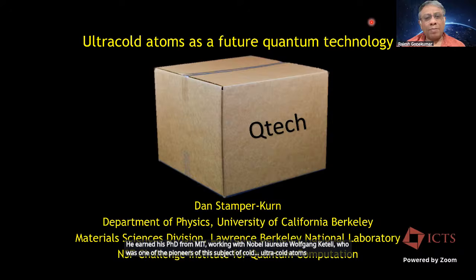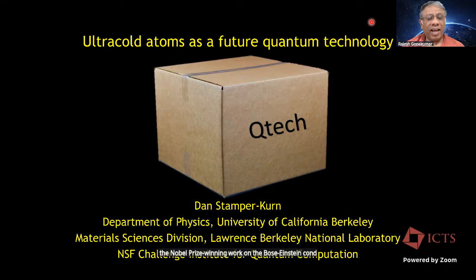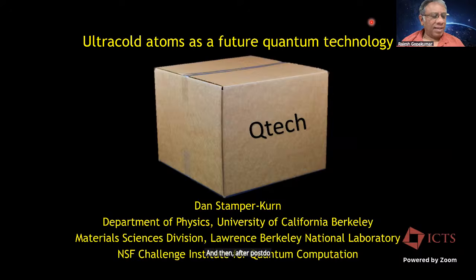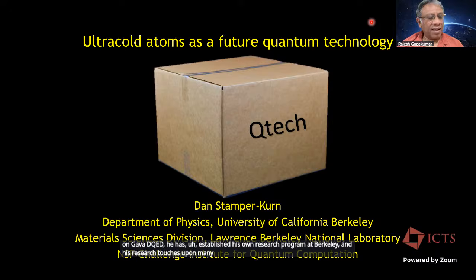Perhaps many of you have heard of the Nobel Prize winning work on Bose-Einstein condensation, realizing it in cold atoms. Dan worked with Wolfgang on these pioneering early experiments, and then after postdoctoral research at Caltech with Jeff Kimble on cavity QED, he has established his own research program at Berkeley, and his research touches upon many topics, and we heard some in the program that is happening.